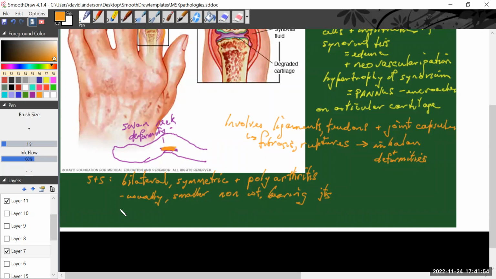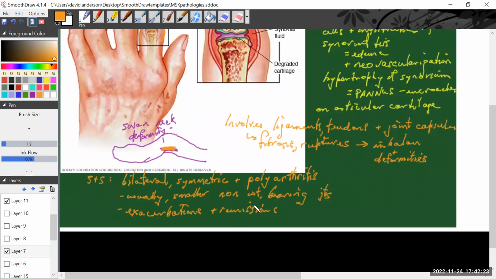But it classically shows with exacerbations and remissions. Osteoarthritis is kind of slow, steady, and progressive, but rheumatoid can have flare-ups. That's what the word exacerbation means, flare-up, and remissions means it's gone away for a little while. But remission is not acute. That's why the word remission is used.